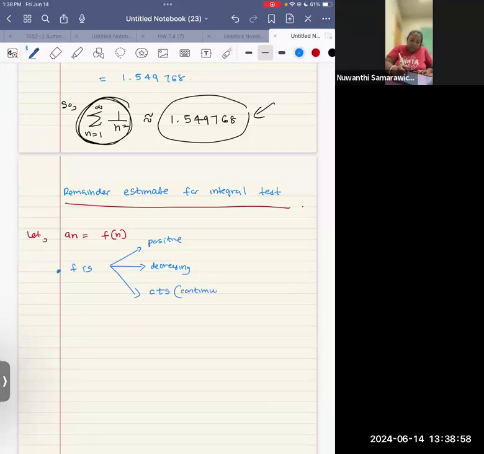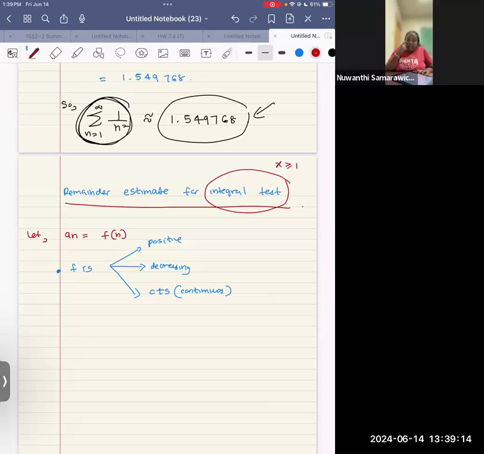I just write it as CTS, continuous. In the integral test, we took x greater than 1.